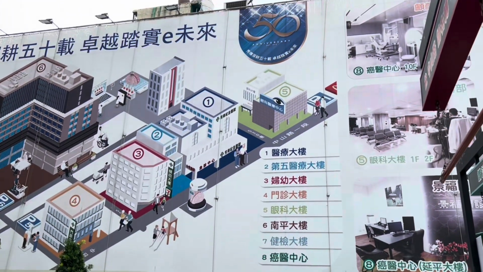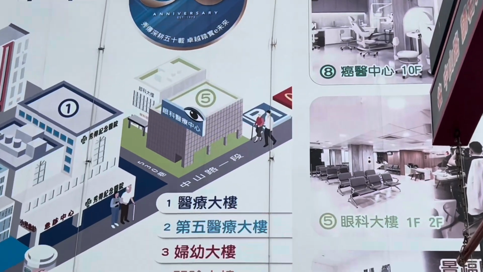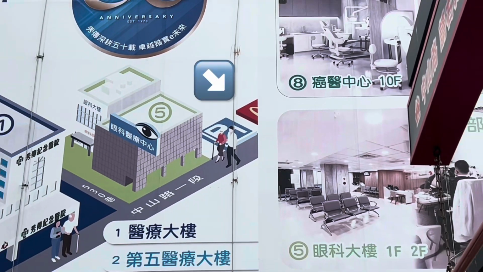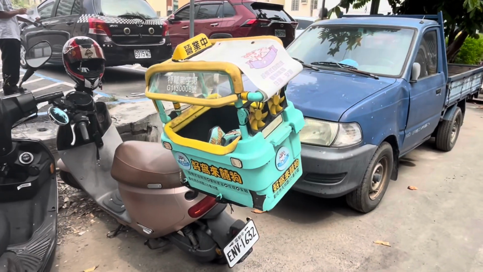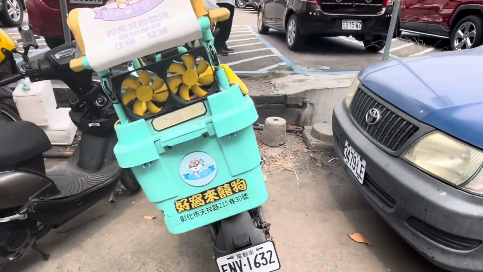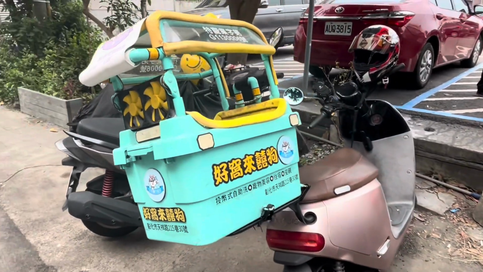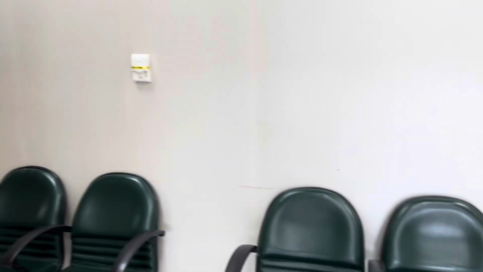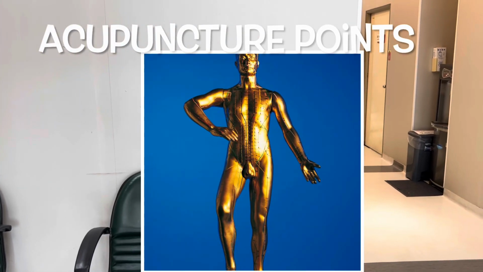You know what's funny on that map is just by showing a corner of that, people know what it is. This is a dog washing box. They used to have a gold man right here.